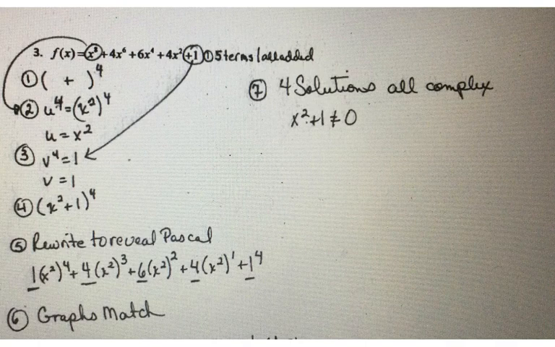Also, the big trick here is notice how the x values are no longer going down by 1. X to the 8th, to the 6th, to the 4th, to the 2nd, and then x to the 0. We're going down 2 each time, which means, because there are 5 terms, this has to be a degree 4 in parentheses, or a 4th power out here.